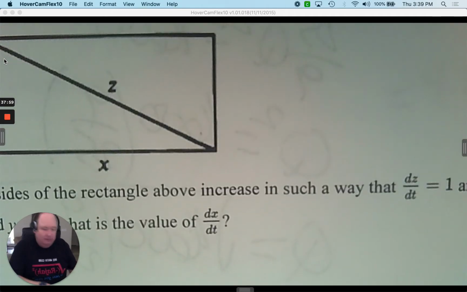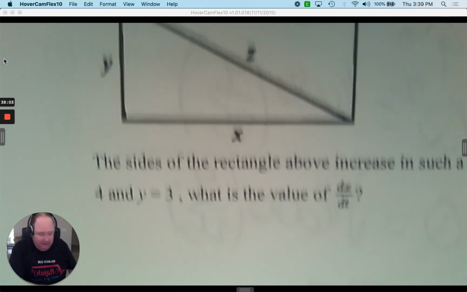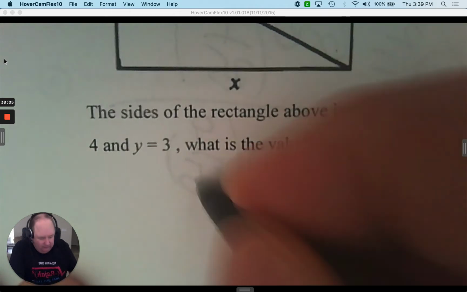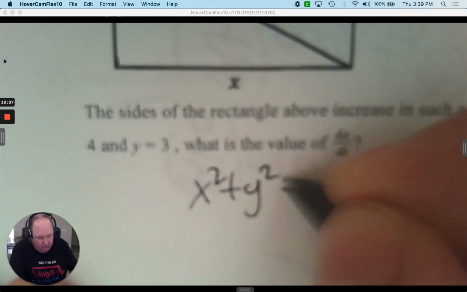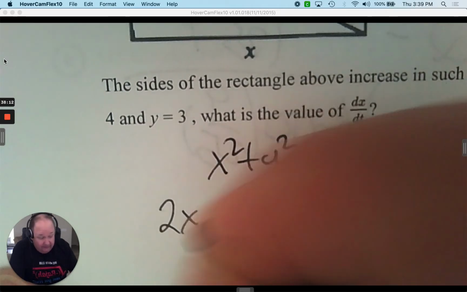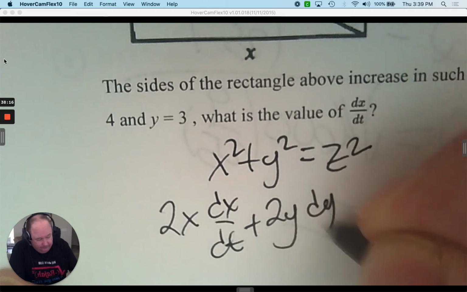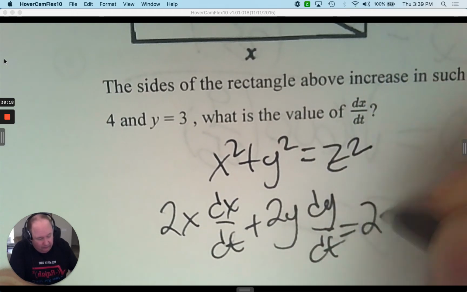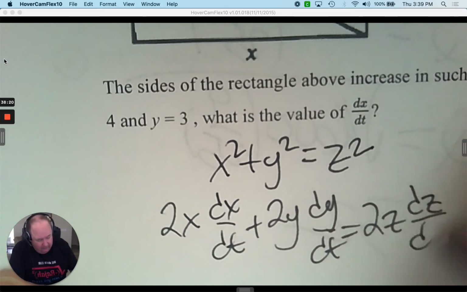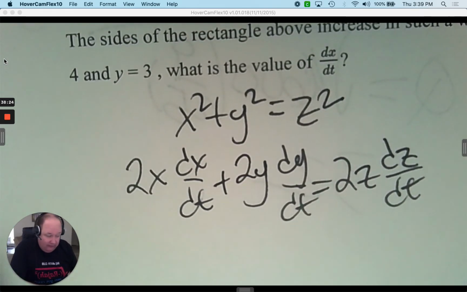46, very similar. So in question 46, again, you have this right triangle. The relationship again is x squared plus y squared equals z squared. I'm going to take the derivative again, exactly what I did before. And we're taking the derivative with respect to time. So there it is. Now I'm going to plug in the values that I know.